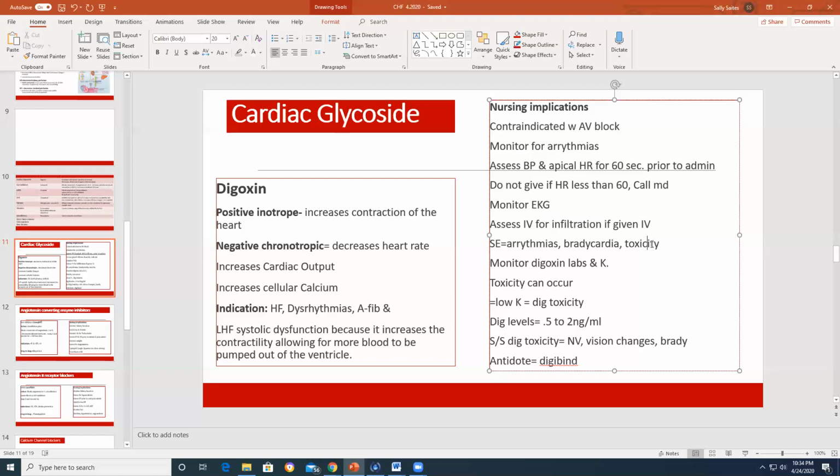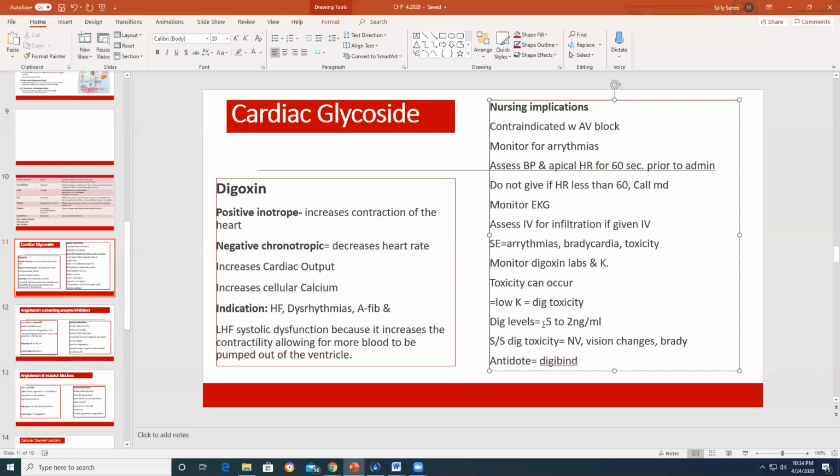Okay, it's one of the leading causes of DIG toxicity. So if your patient is at 3 for their potassium consistently, then you might want to ask the doc for a DIG level to make sure that they are not becoming toxic.